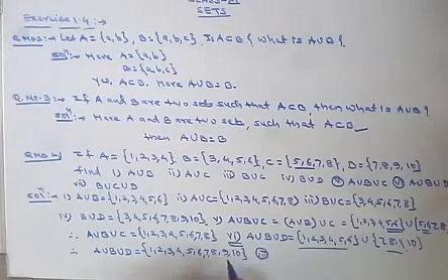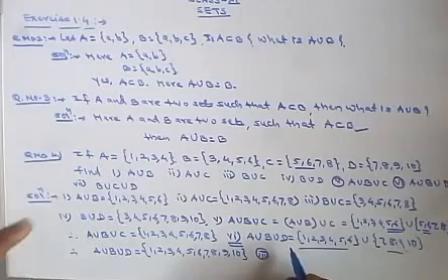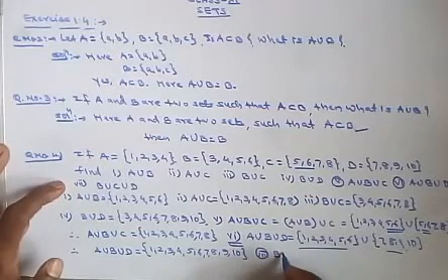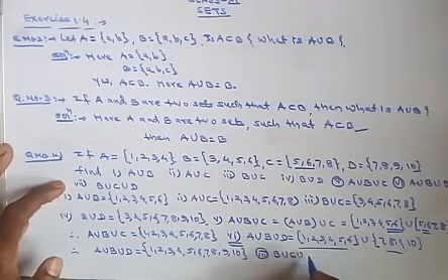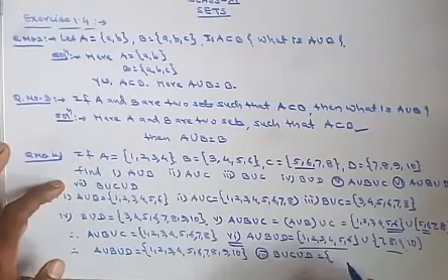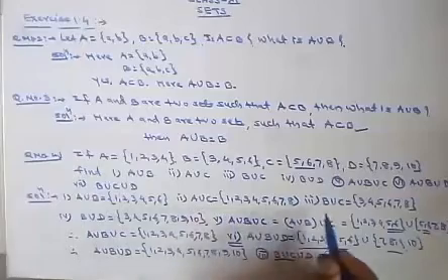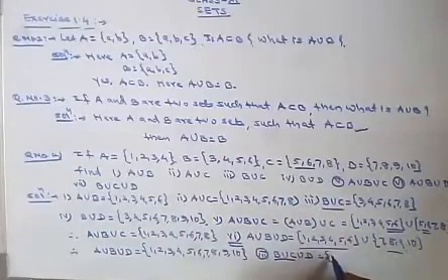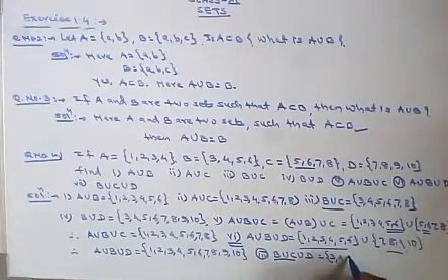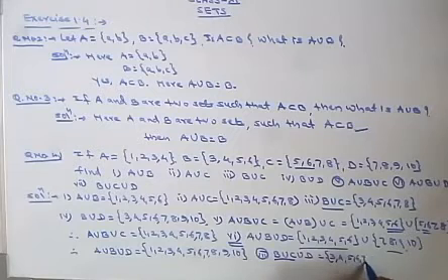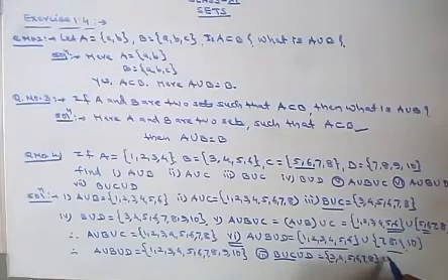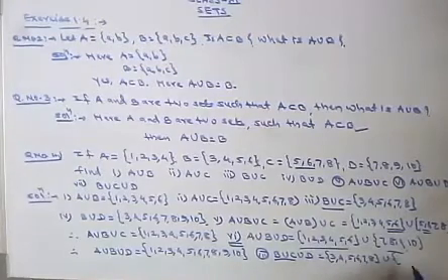okay. Seventh is find B union C union D. So let us find B union C. What is B union C? Third one, B union C, that is 3 4 5 6 7 8. Union, what is D? D is 7 8 9 10.